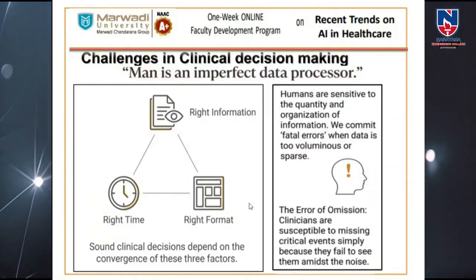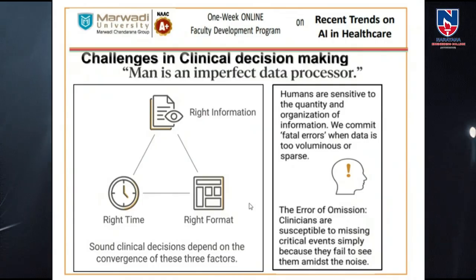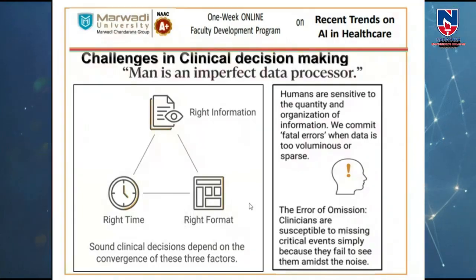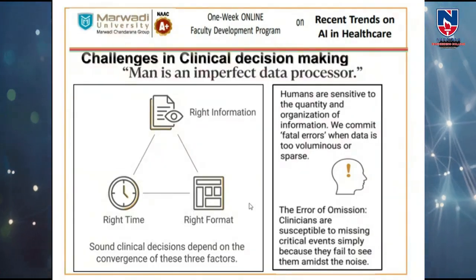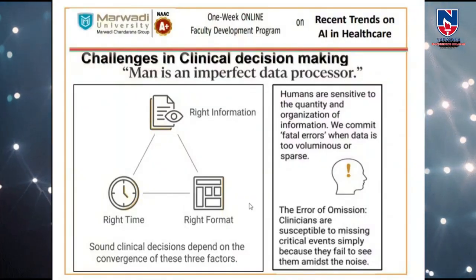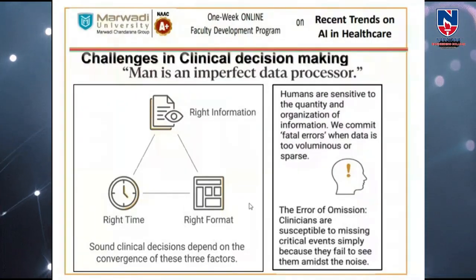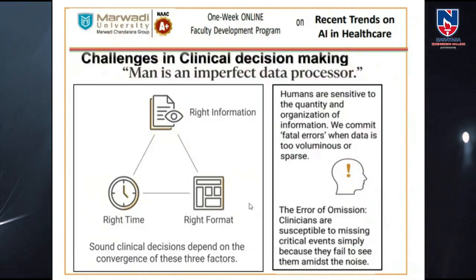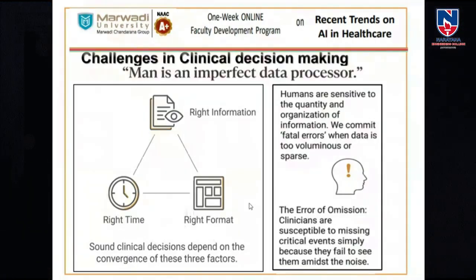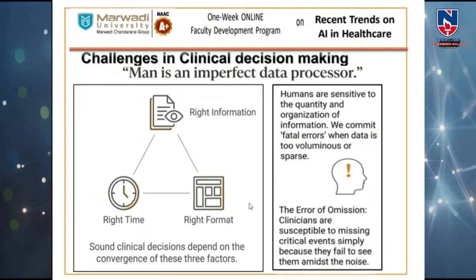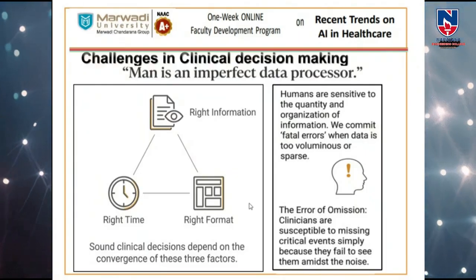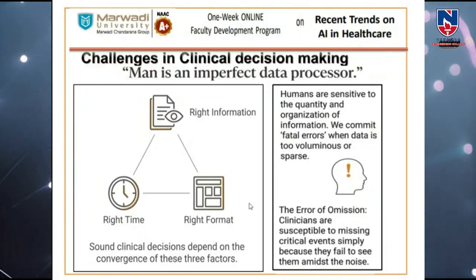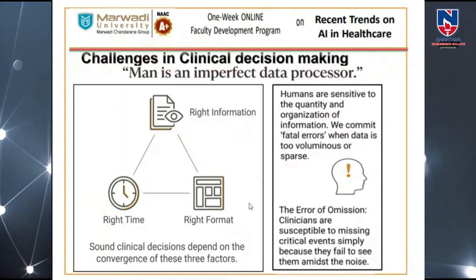That means once a malfunction takes place while writing a report by the radiologist, the doctor will take a clinical decision based on the same report. If anything went wrong with the radiologist writing the report, that is one aspect. On the other aspect, the interpretation of the report by the doctor is also one aspect, because both are human beings.